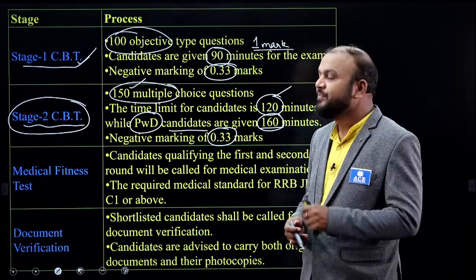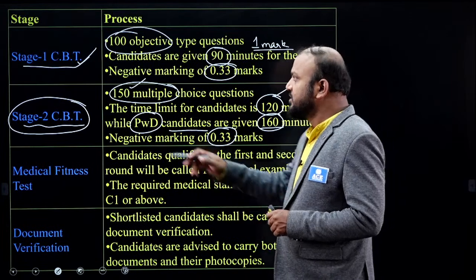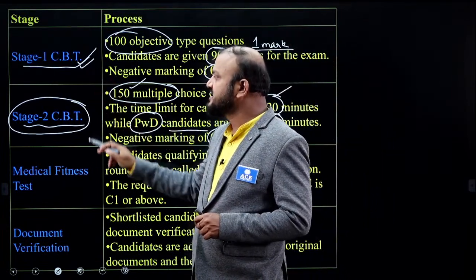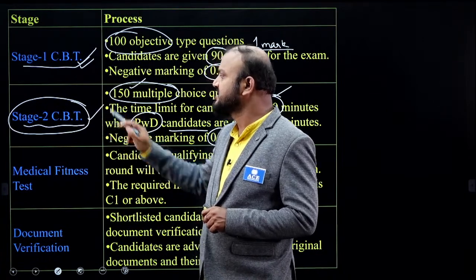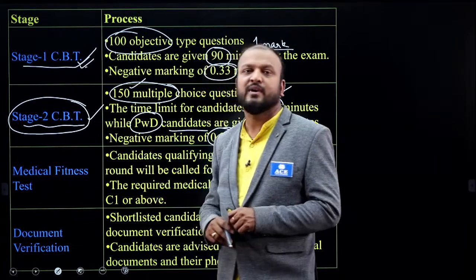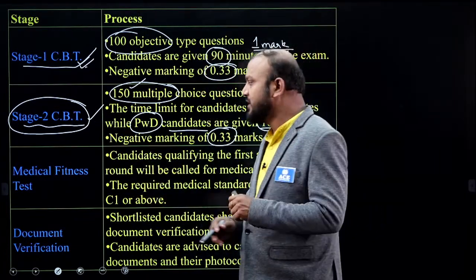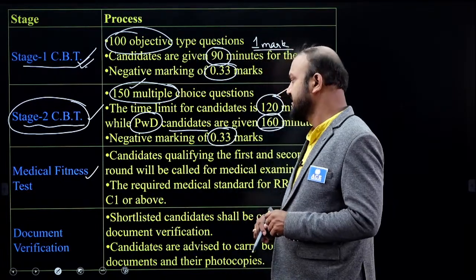So be careful, negative marking is going to play an important role. Those candidates who qualify for CBT 1 will have their score considered for CBT 2, and those candidates who qualify for CBT 1 and CBT 2 will go for the third round, that is the medical fitness test.